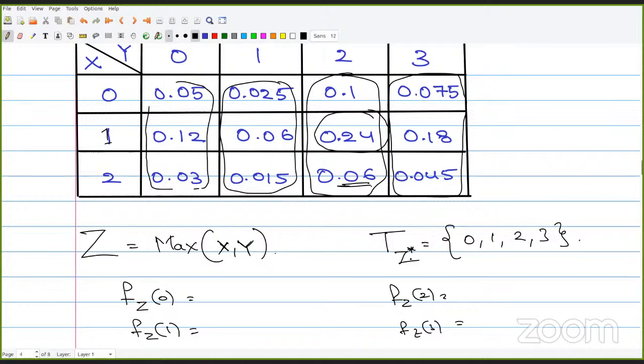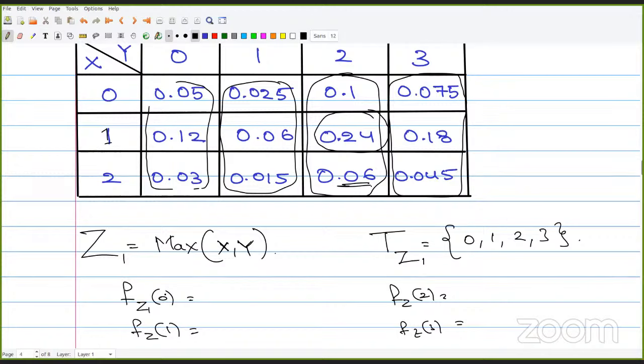The previous z was the sum of two random variables. This z1 is the max of these two random variables.